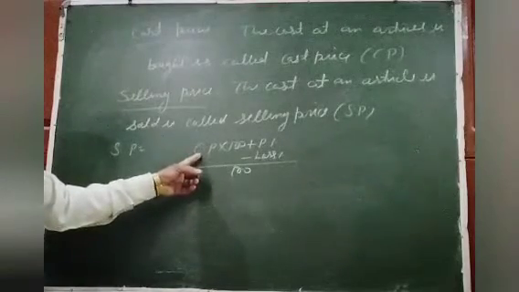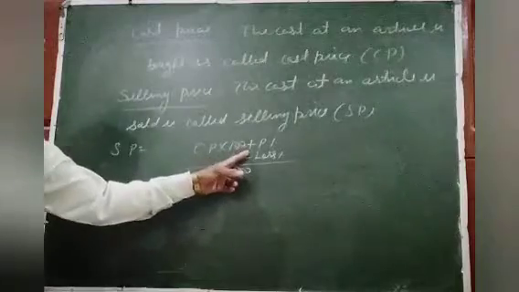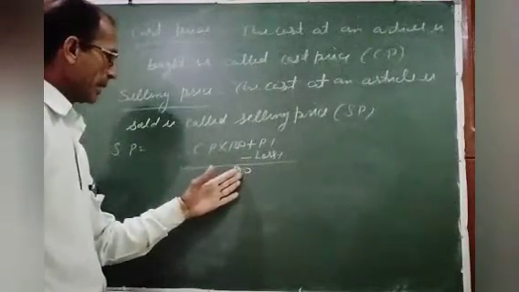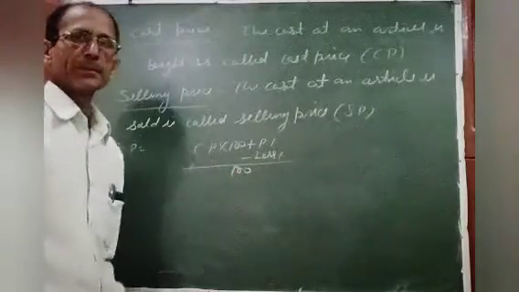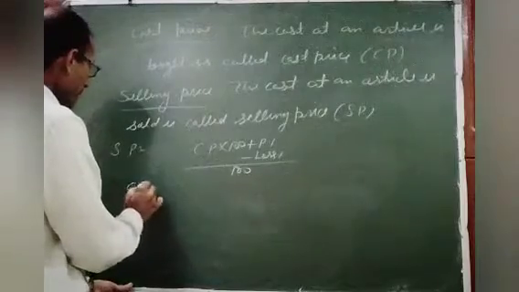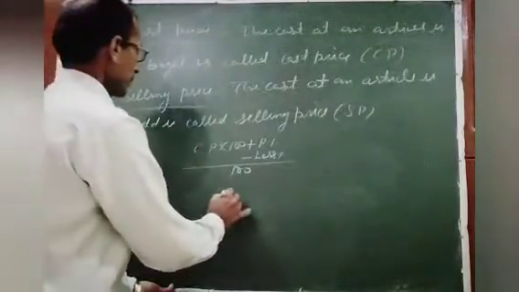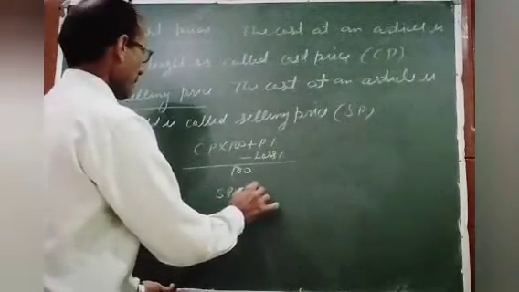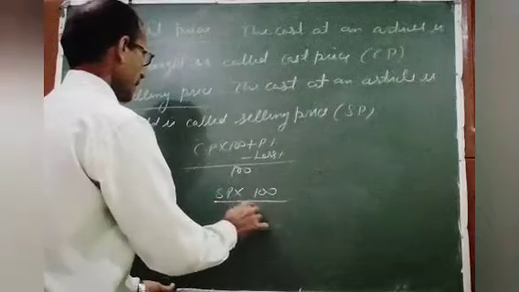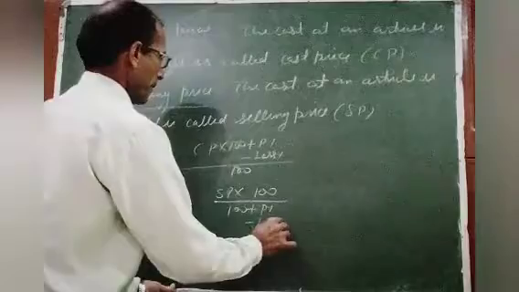And to find CP, SP multiplied by 100 upon 100 plus profit percent, or if loss is there, 100 minus loss percent.